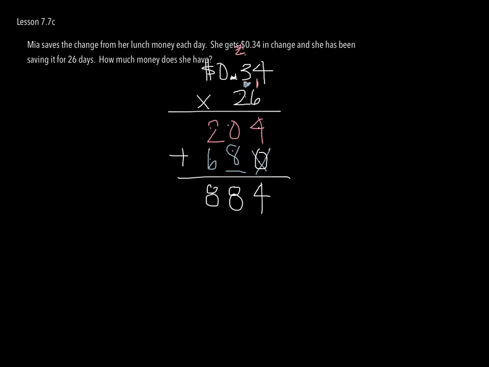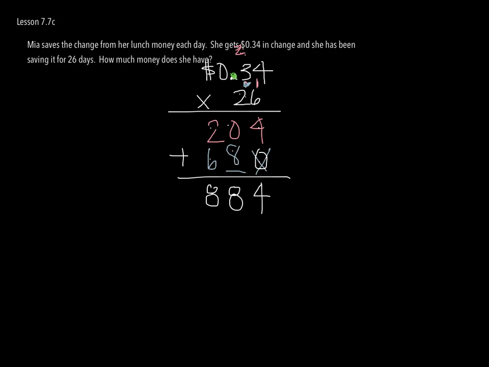Now, we had a decimal point up here, didn't we? Remember the decimal point was right here. We need to have a decimal point in our solution. So I look at my decimal point, and I count the number of spaces to the right of the decimal point. 1 space, the 3. 2 spaces would be the 4.